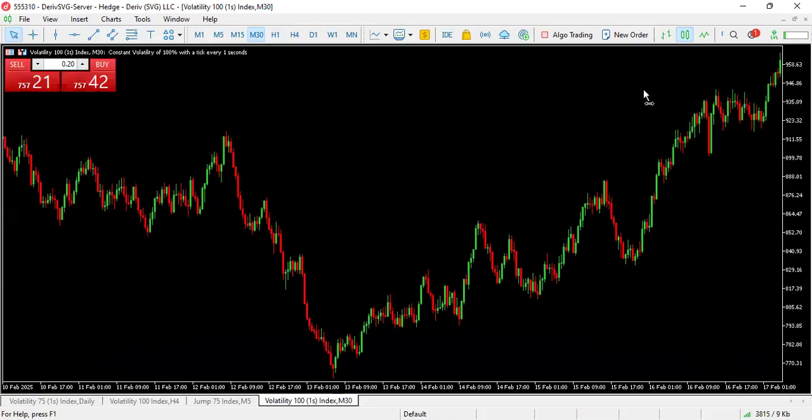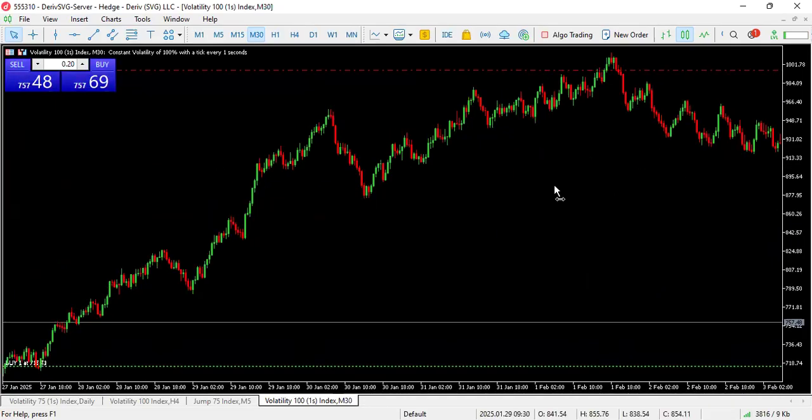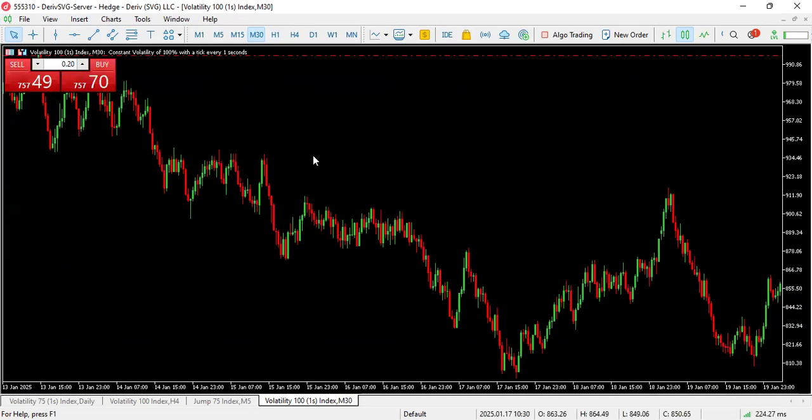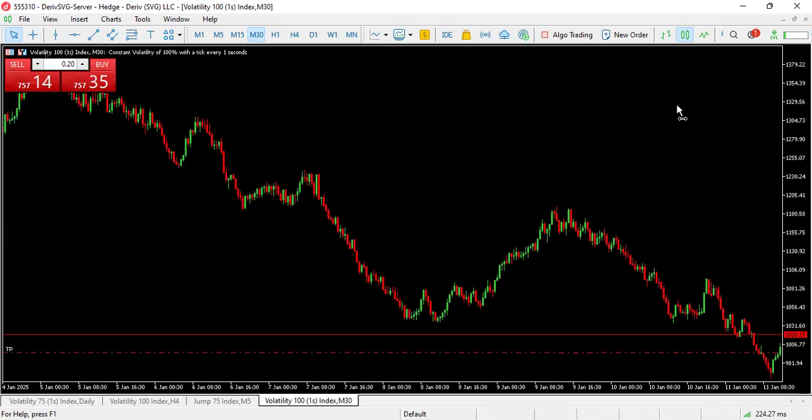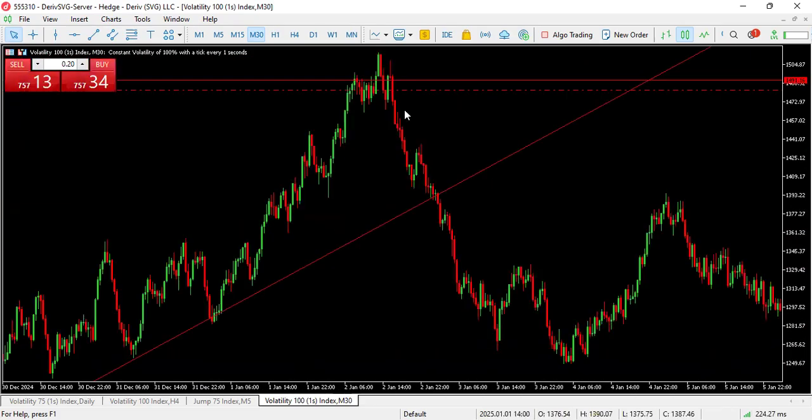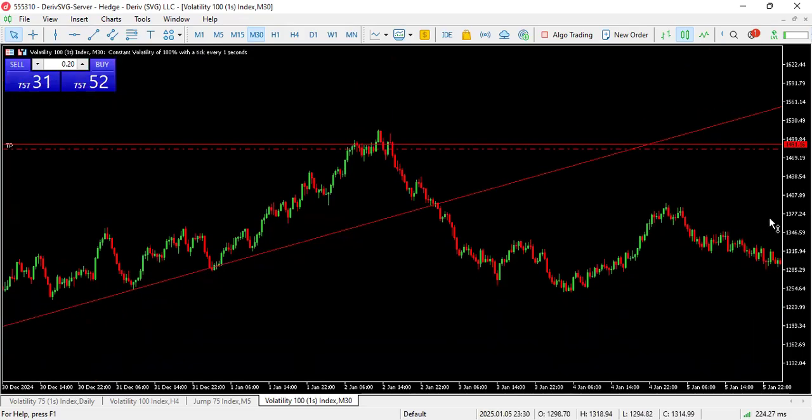Let me see if you are going to see that place on a 4 hours time frame. It's a 30 minutes time frame. Market broke out. Let's see 50 minutes.